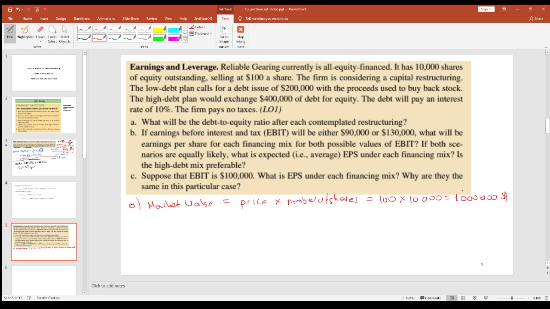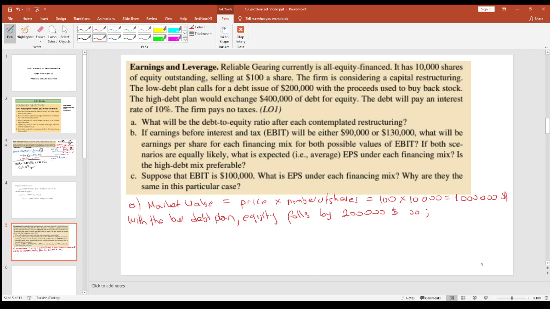Okay. So with the low debt plan, equity falls by $200,000.